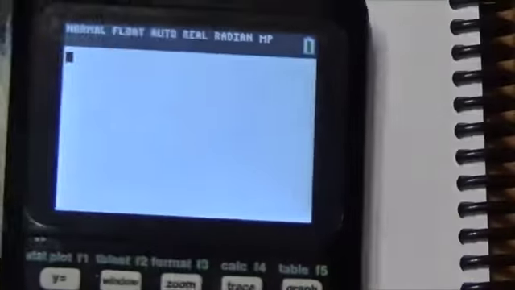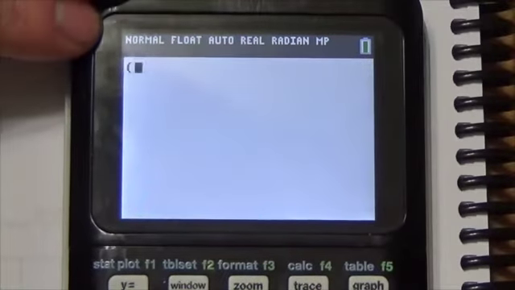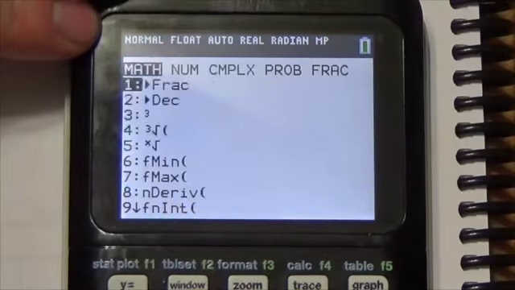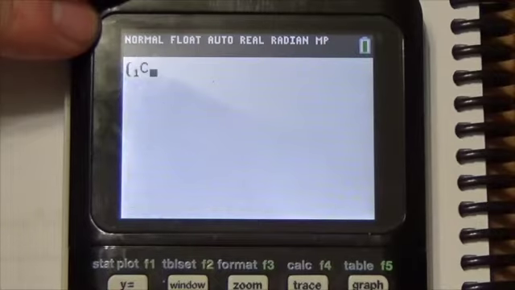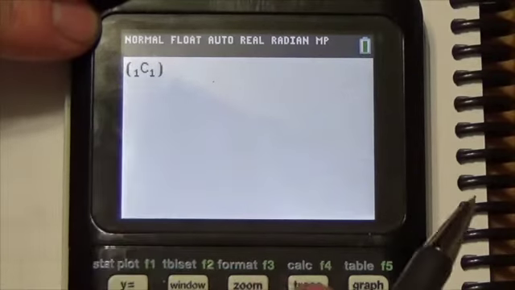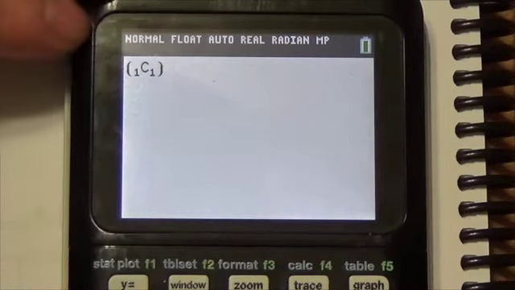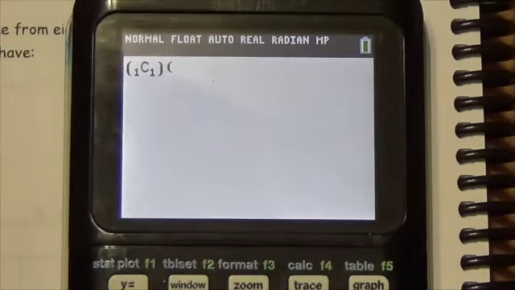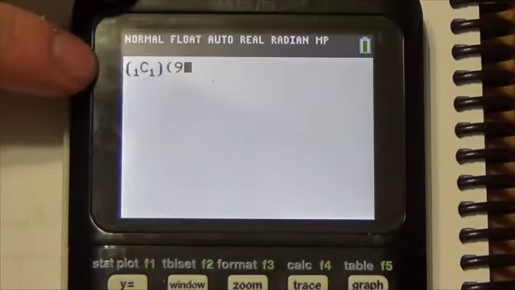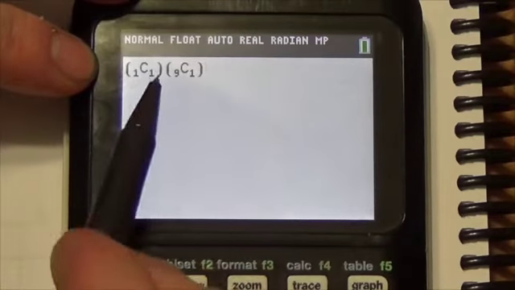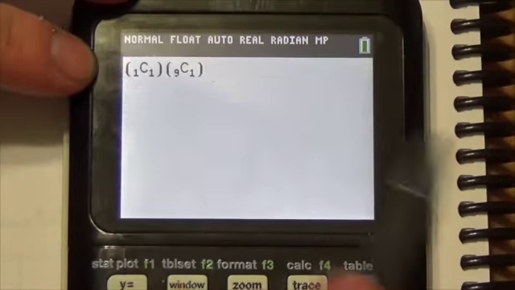Now let's go to our calculator. I'll do 1 choose 1. How many ways can I choose 1 object from 1 object? Just 1. That's not such a big deal. Now I'm going to do 9 choose 1. How many ways can I choose 1 object from a group of 9?